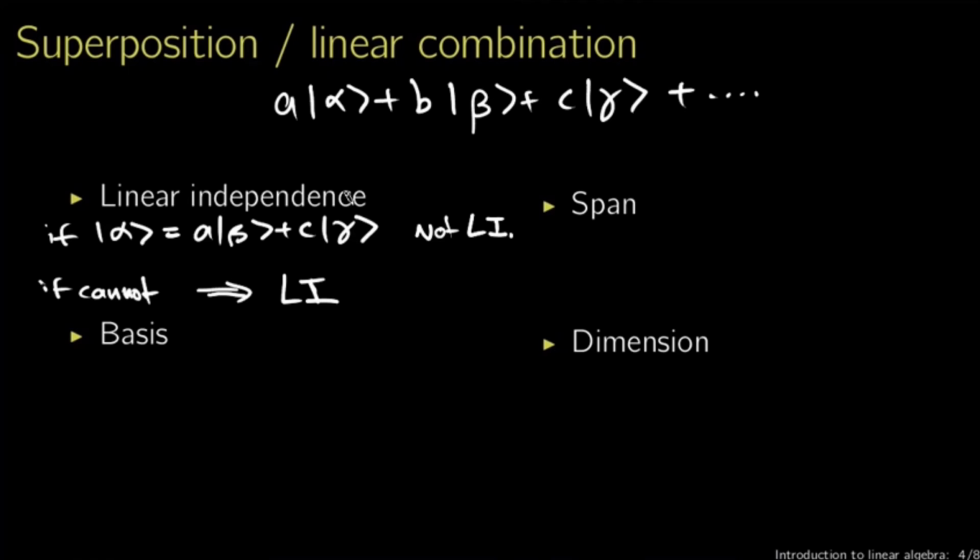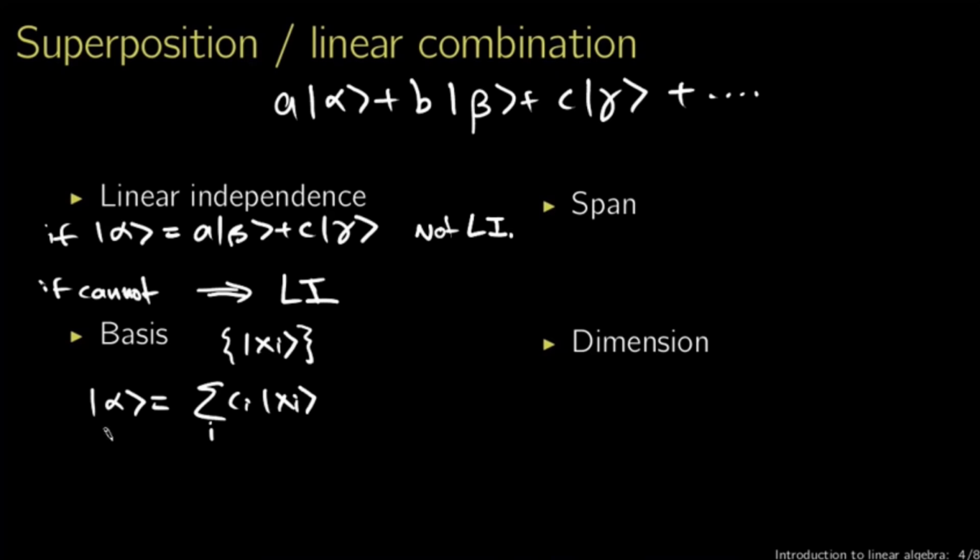If you have a bunch of vectors with which you can construct other vectors, you'll never get anything that's linearly independent from those vectors, but you can get vectors that are not in your original set. For instance, suppose I have some set of vectors x sub i. If I can write my vector alpha as a sum of c sub i times x sub i, where i goes over the range of all of my vectors in this set, I've expressed alpha in terms of x sub i.